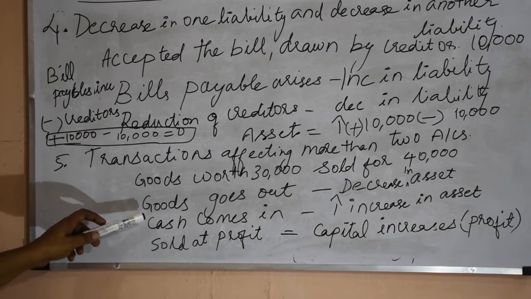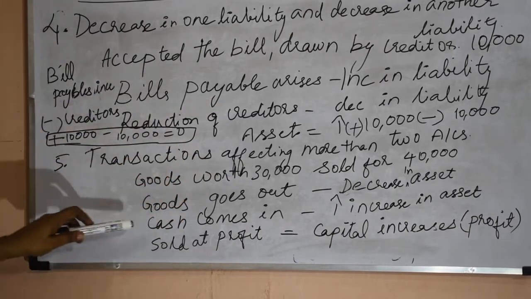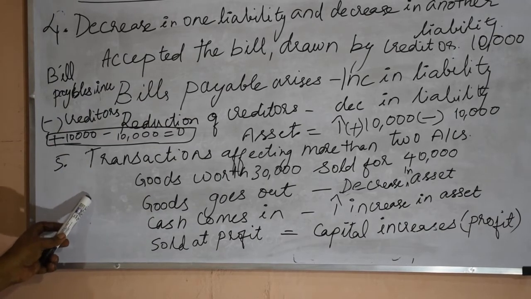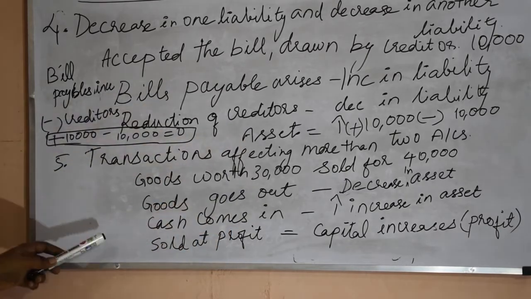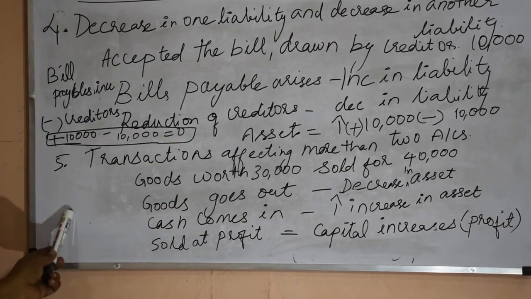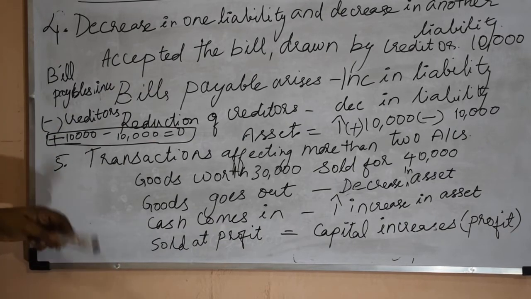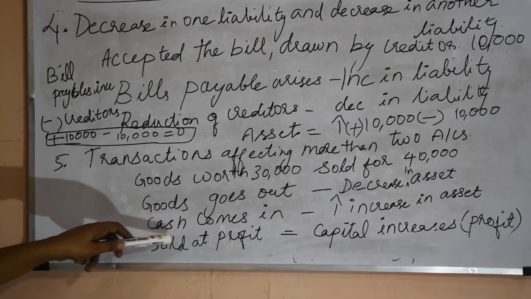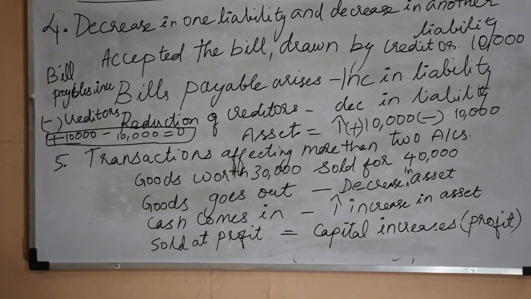Cash comes in means we are getting the cash, so an increase in asset will occur. Sold at a profit means the amount which we are selling is 40,000. From the 30,000 when we reduce, then automatically the profit will be 10,000. So the capital will be increasing by a profit of 10,000.